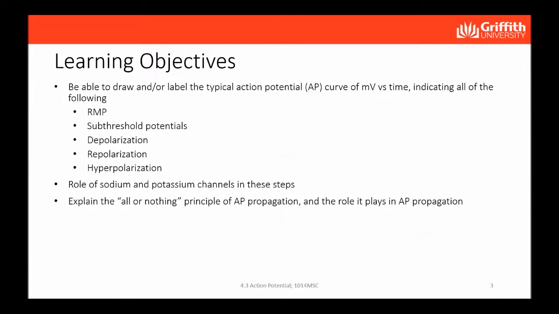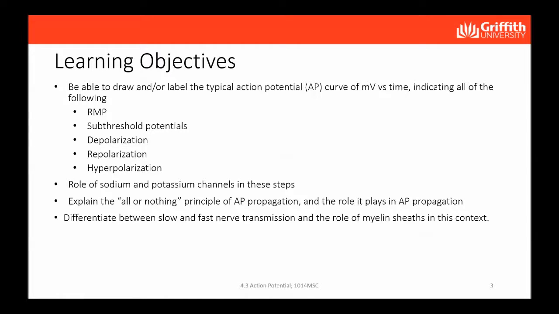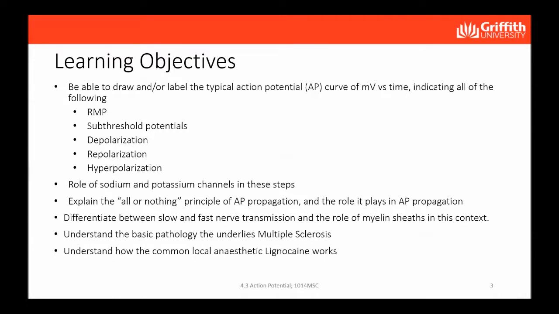To explain the all or nothing principle of action potential propagation. To differentiate between slow and fast nerve transmission and the role of myelin sheath in this context. And finally, to understand the basic pathology that underlies multiple sclerosis and how the local anesthetic lignocaine works.